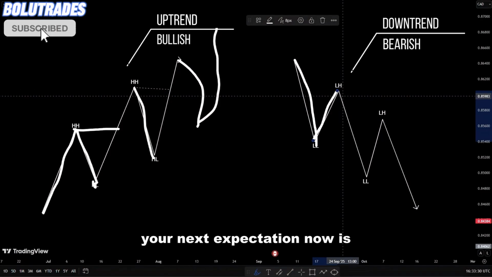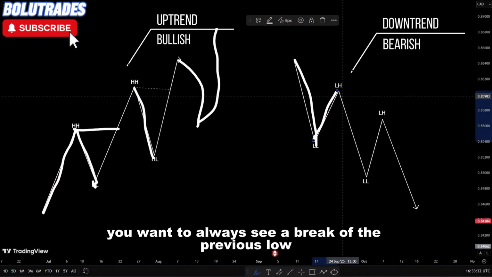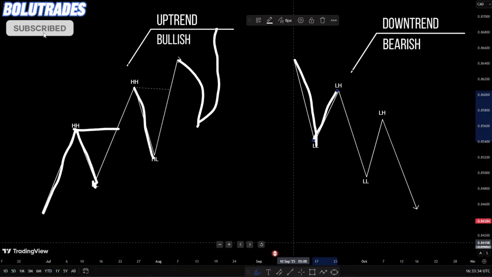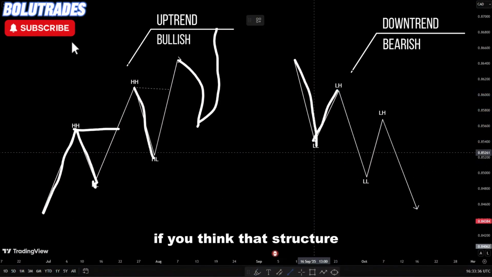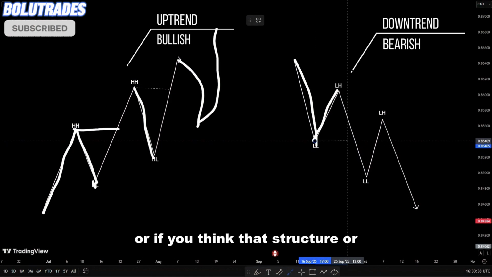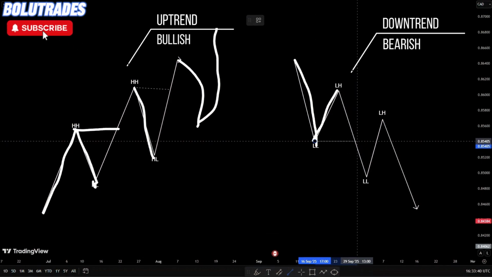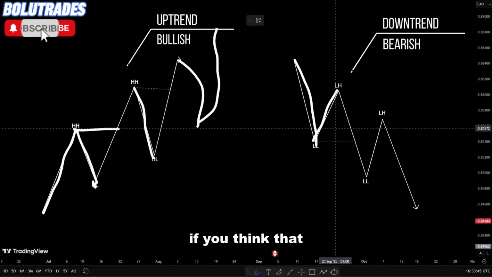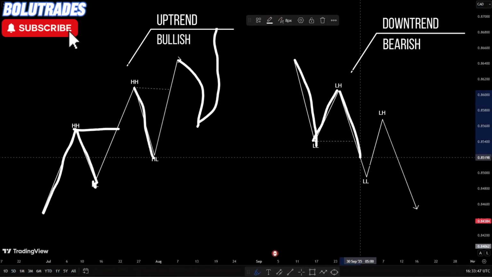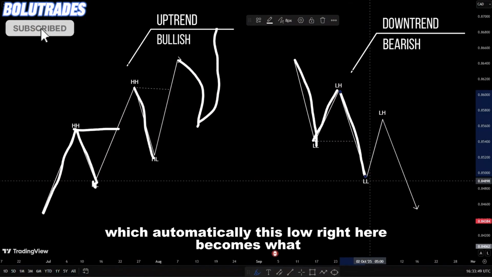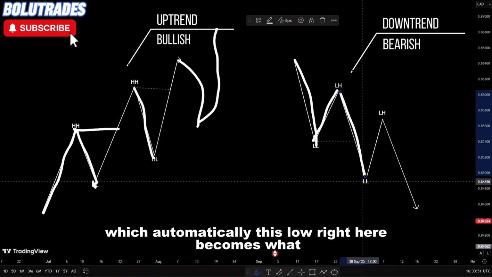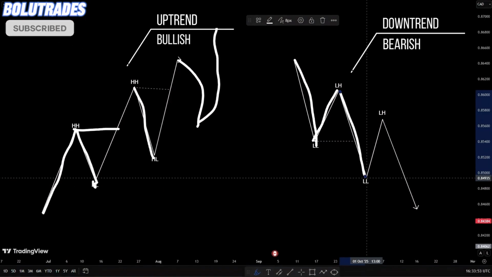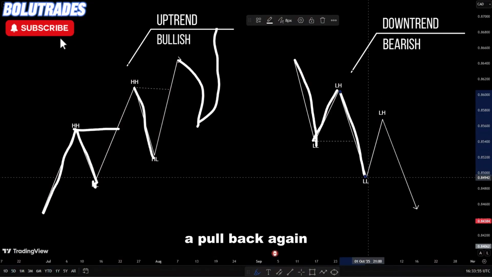Then after giving us a lower high, your next expectation is you always want to see a break of the previous low to the downside, that is a break of structure. Then after the break of structure to the downside, this low right here becomes a lower low, and what we expect next is a pullback again.